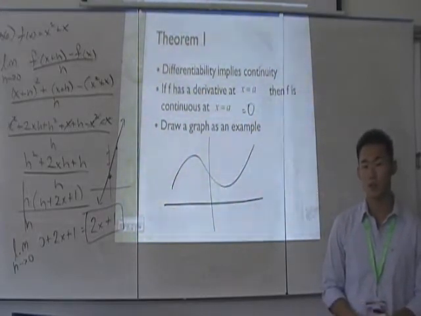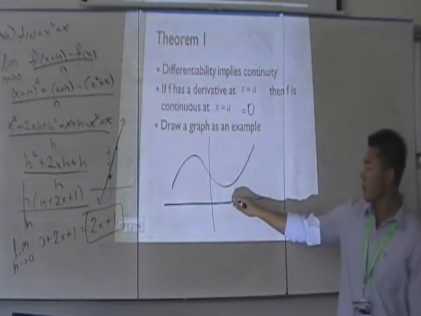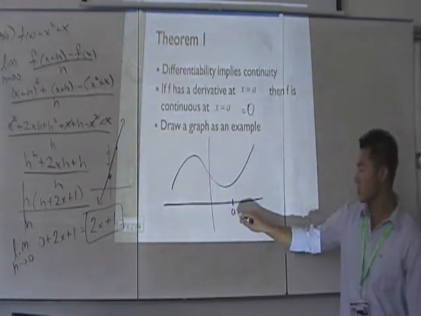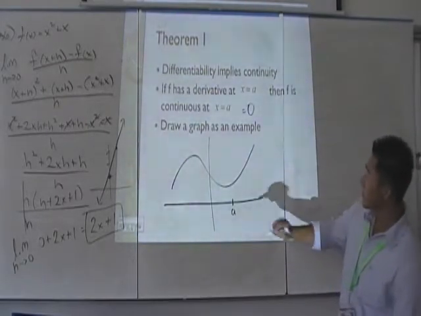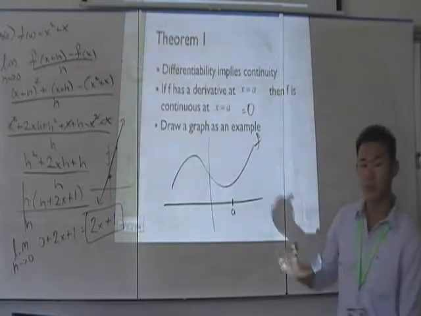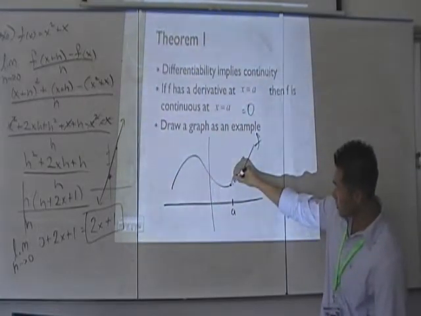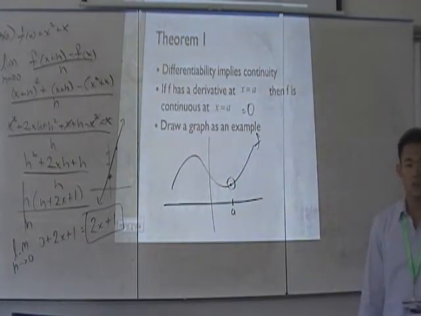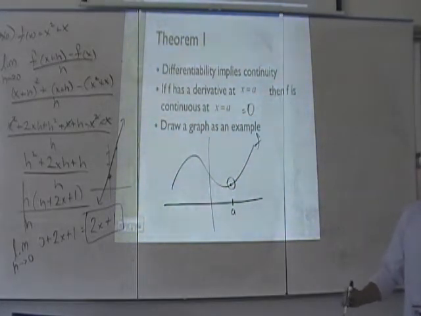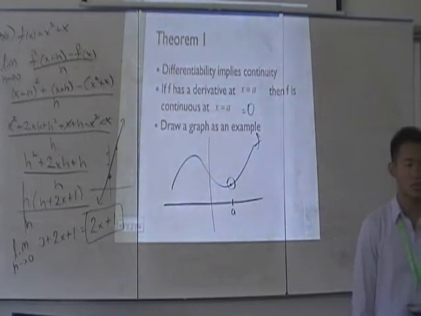So if f, the graph, has a derivative at x equals a, right there, can you take the derivative at that point? Yes. That means at that point it is also continuous.